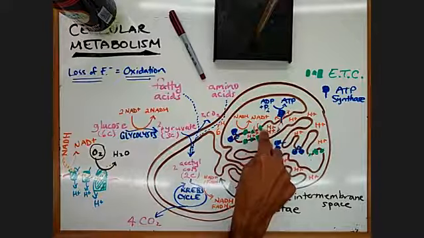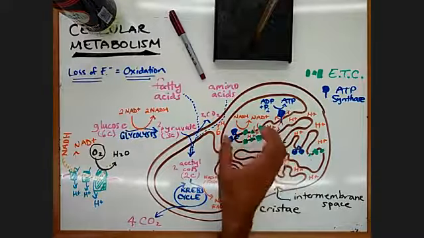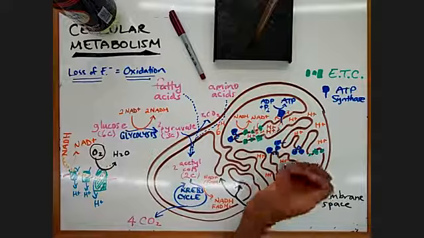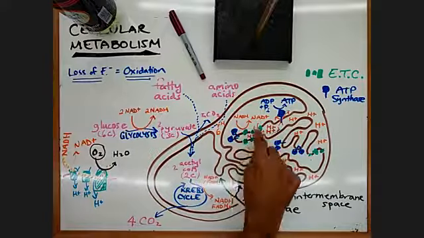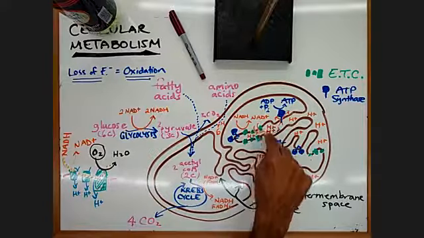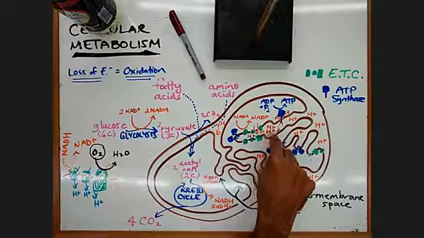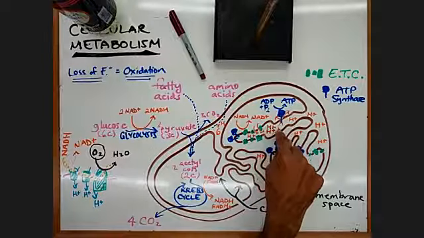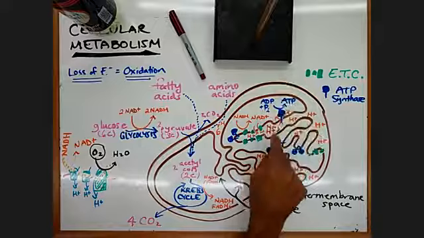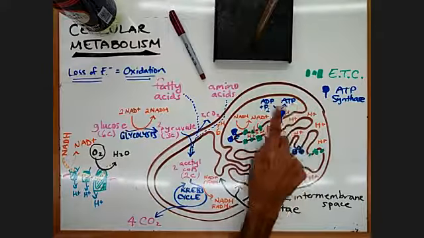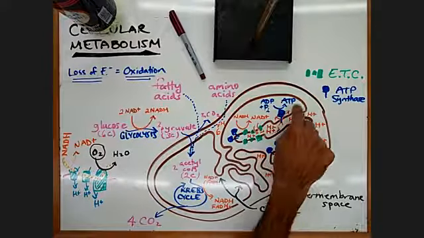The electron transport chain components undergo shape changes as they pick up and deposit and transfer the electrons, which cause protons to be pumped into this space. The proton gradient going through the synthase in this direction causes the synthase to spin, generating the ATP.